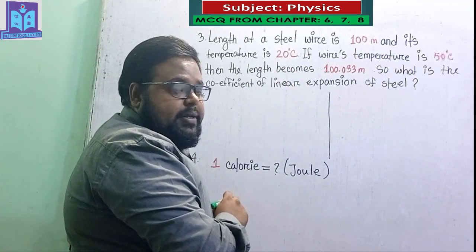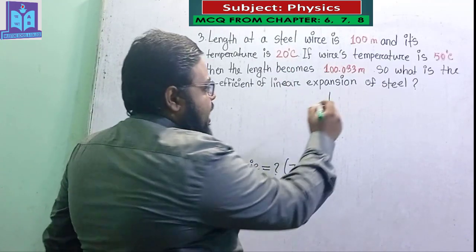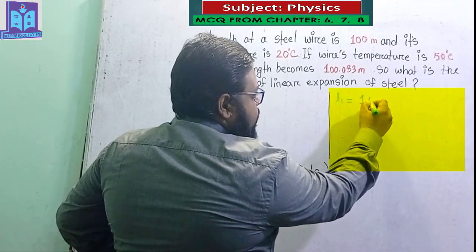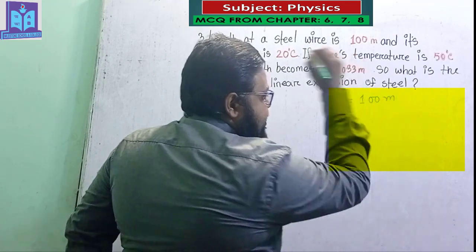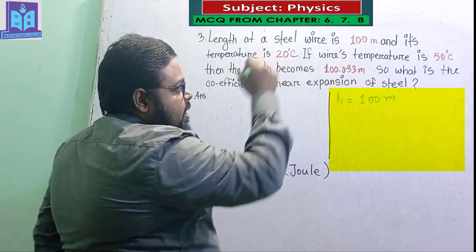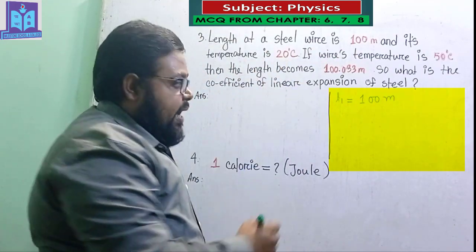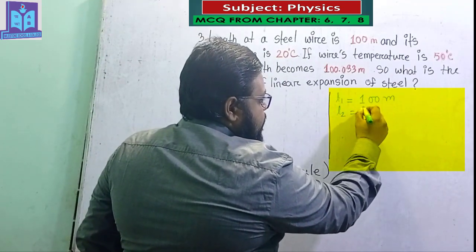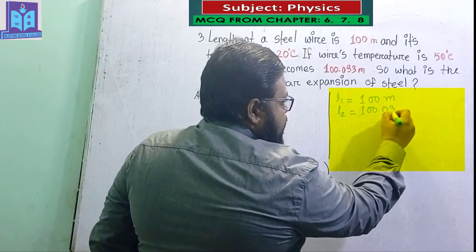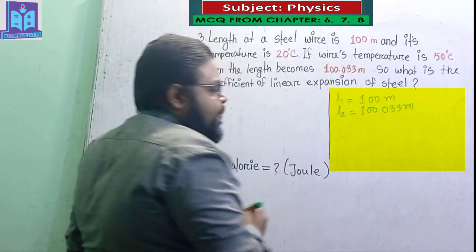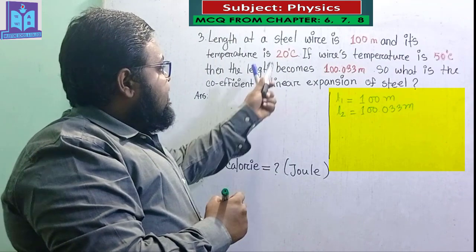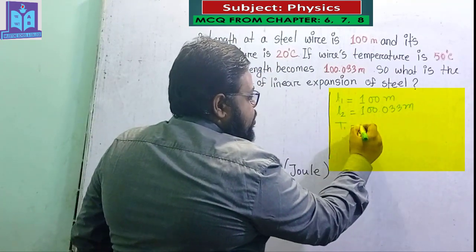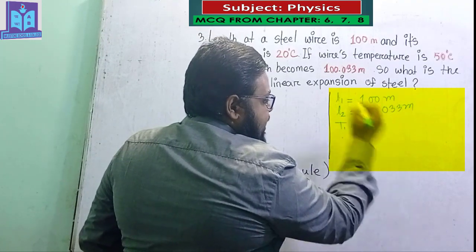Length of wire, that means the initial length of this wire, L1 equals 100 meter. And the final length L2 equals 100.033 meter. And the initial temperature T1 equals 20 degrees Celsius.